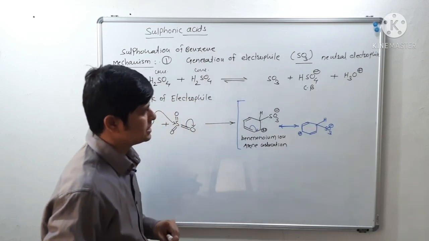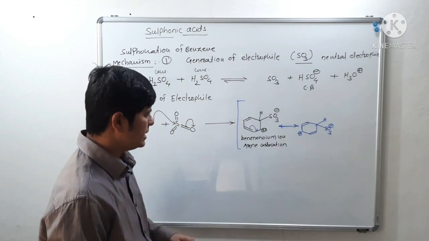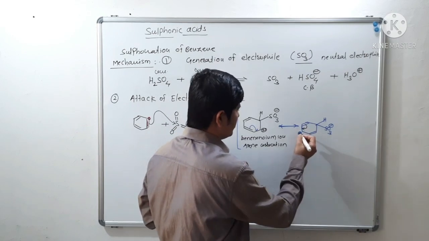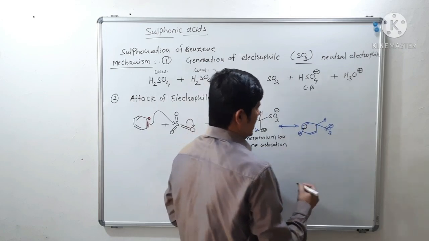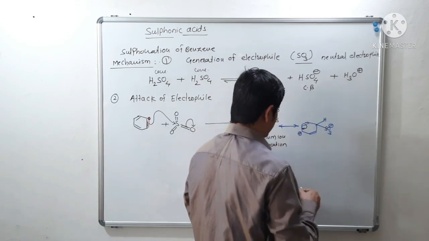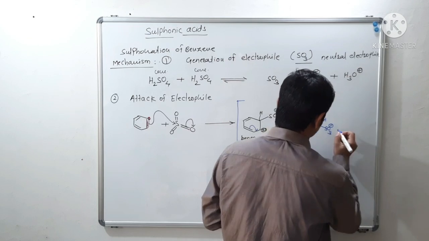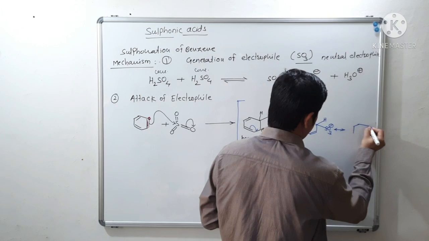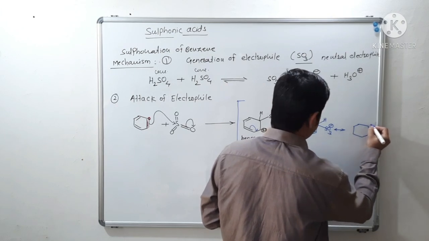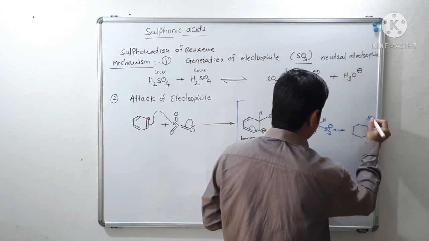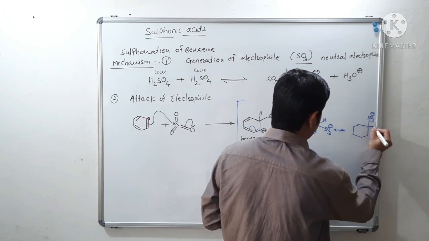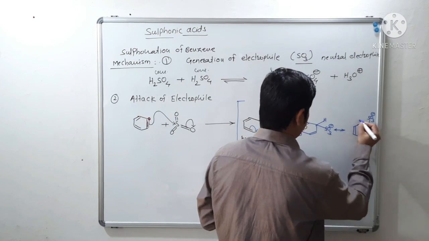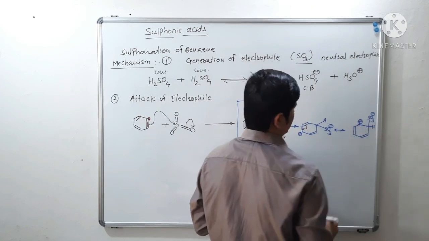So we will have the next resonating structure like this. In the next step, this pi bonding electron density will come here to neutralize the positive charge of this carbon, and we will have the next resonating structure like this. The positive charge will be on this carbon.